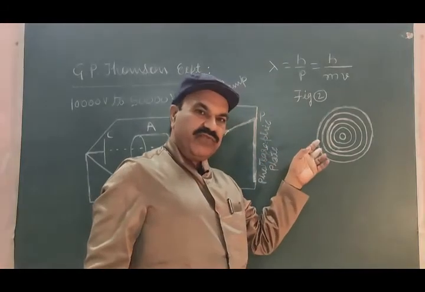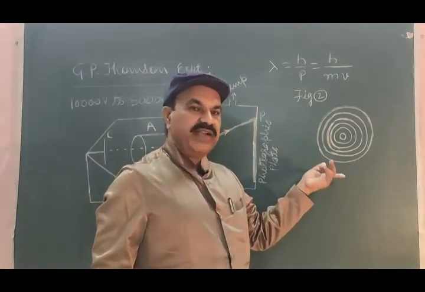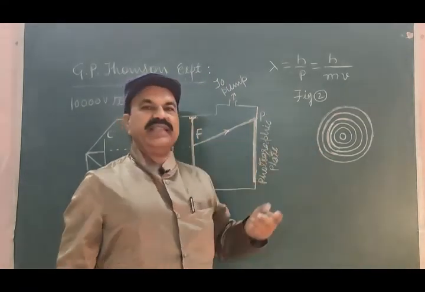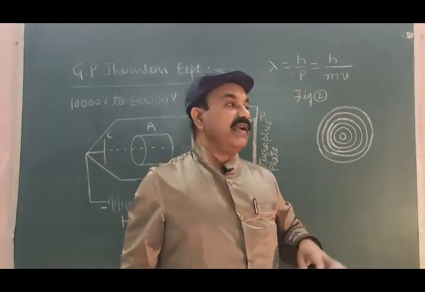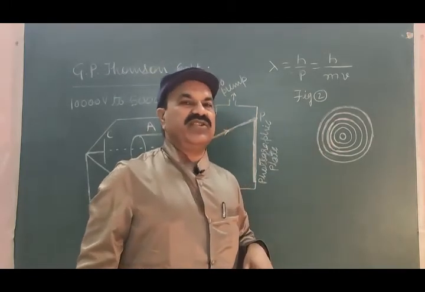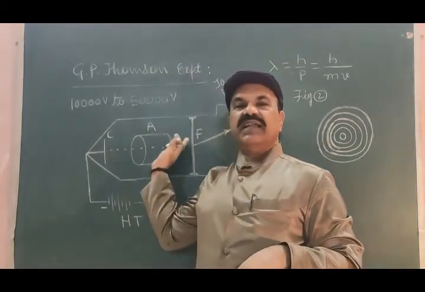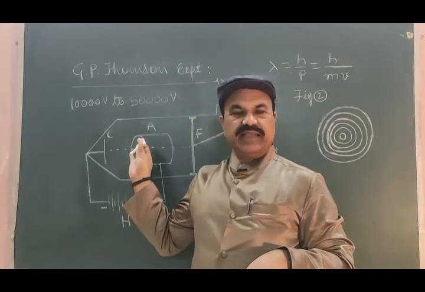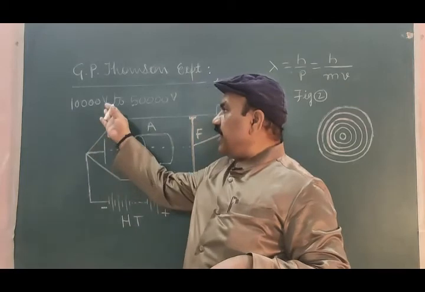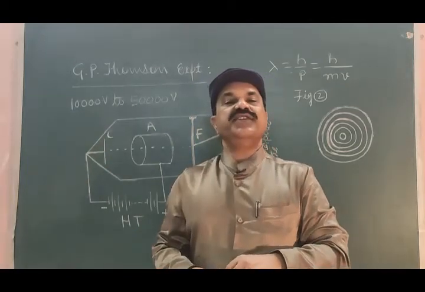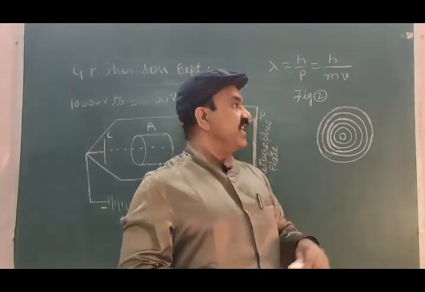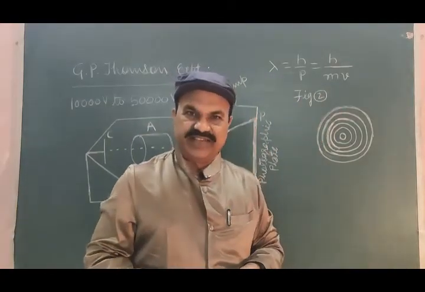And here, when we determine the wavelength of the electron with the measurement of distance FP and the angle, we find that this wavelength lambda found for the electron using this diffraction pattern is independent of the material used here. It is found that it depends only on the accelerating voltage used, because this accelerating voltage will decide the velocity v.